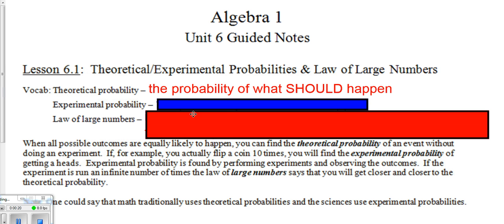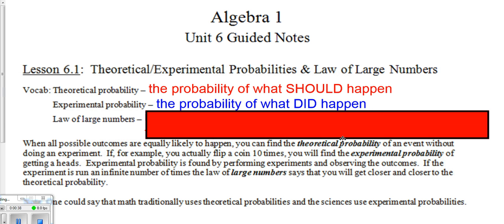Theoretical probability is the probability of what should happen. Even without running a test, this is just the probability of what should happen if you know the possibilities of what could happen. So theoretical is what should happen. Experimental probability is the probability of what did happen.